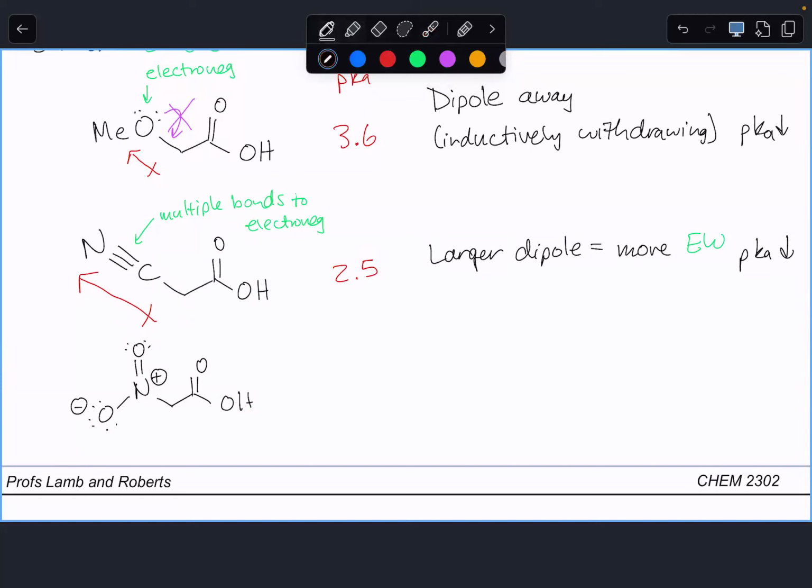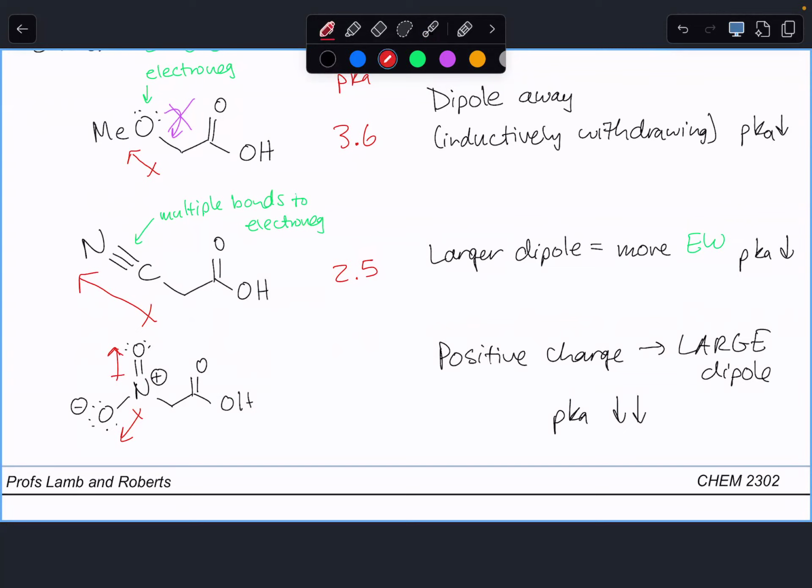And we're pulling electron density towards this oxygen, we're pulling electron density towards this oxygen, and that atom is actually positively charged. That means we have a really large dipole in that direction. So that positive charge goes to a very large dipole. So that means that our pKa should go way down, and it does. Our pKa for this one is 1.7.